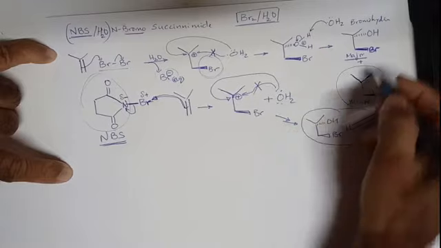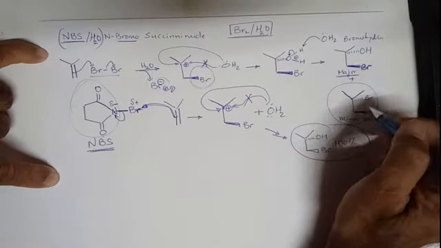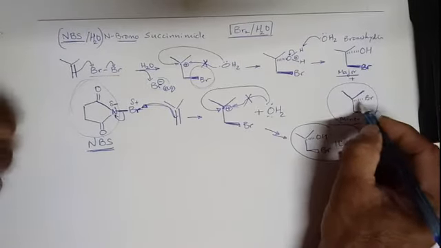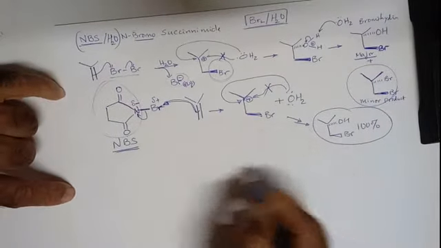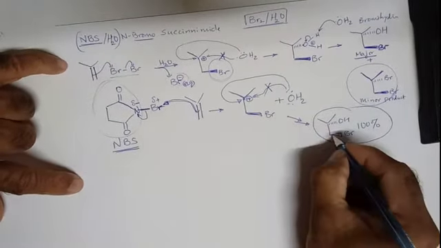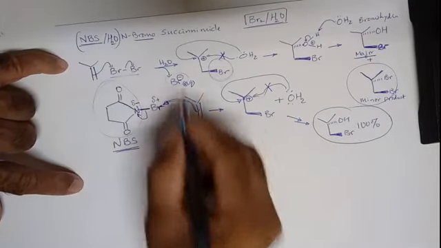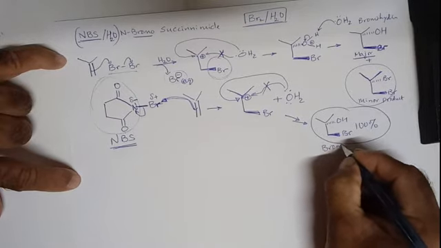While this could be 98.2 or 99.1 or 95.5, depending on the temperature, depending on the conditions, depending on the amount of HBr or some amount of bromide you used. So the advantage of using NBS/H2O in bromohydrination, this is a halohydrin, bromohydrin.